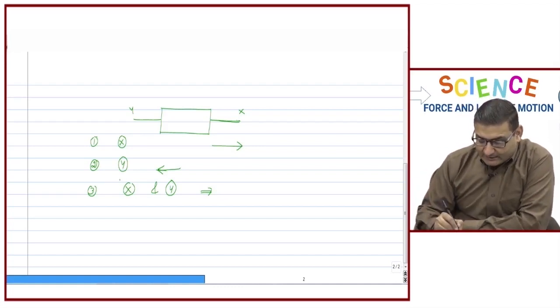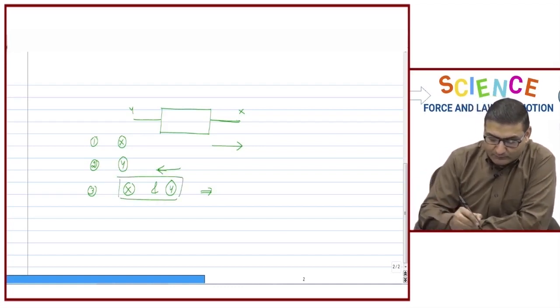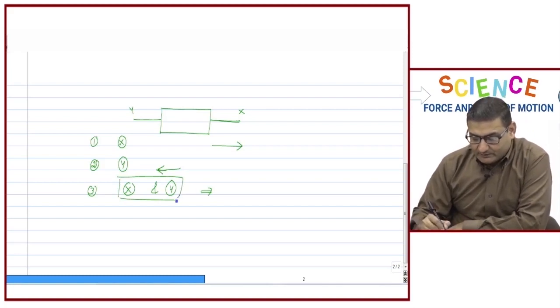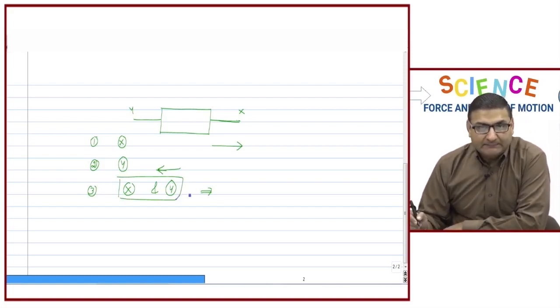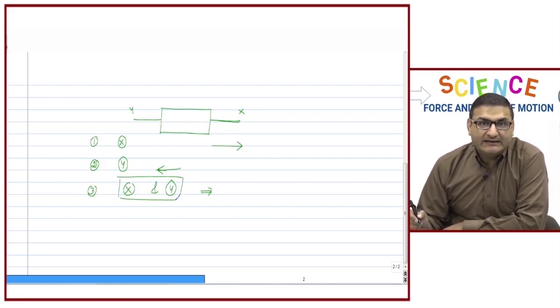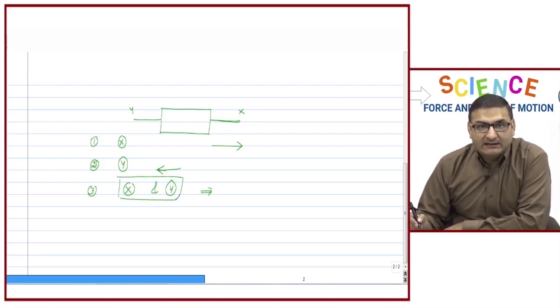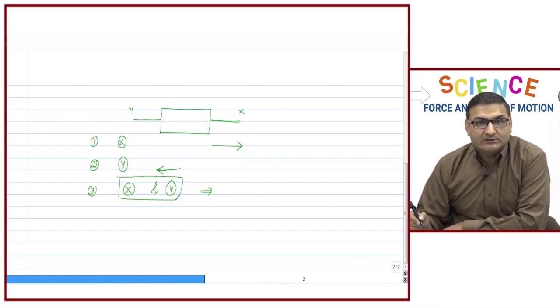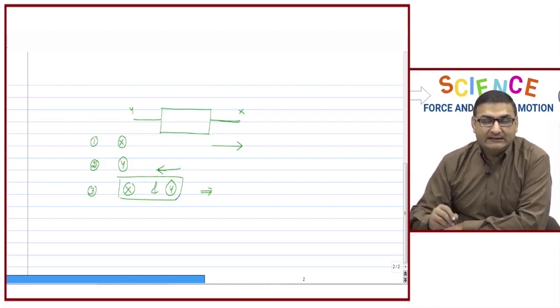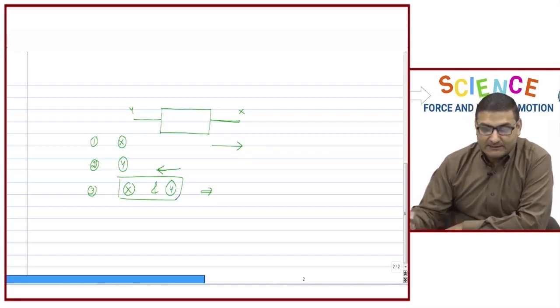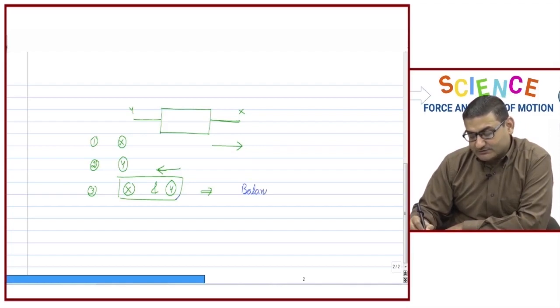Even though the forces are being applied, they are nullifying each other's effect, and the resultant force on this wooden block is zero, because of which there is no motion, no movement, no displacement in this wooden block.